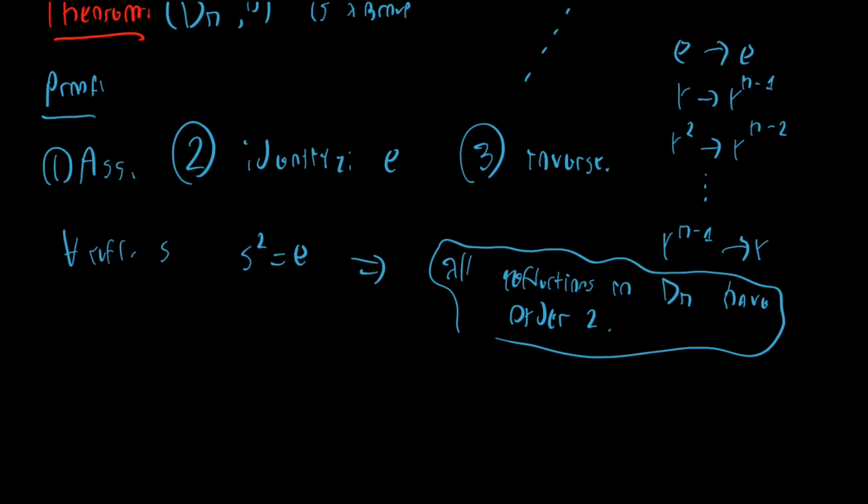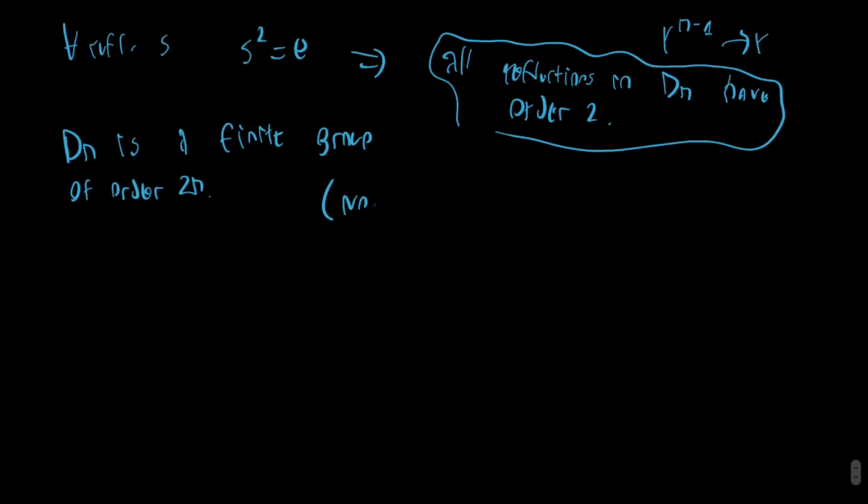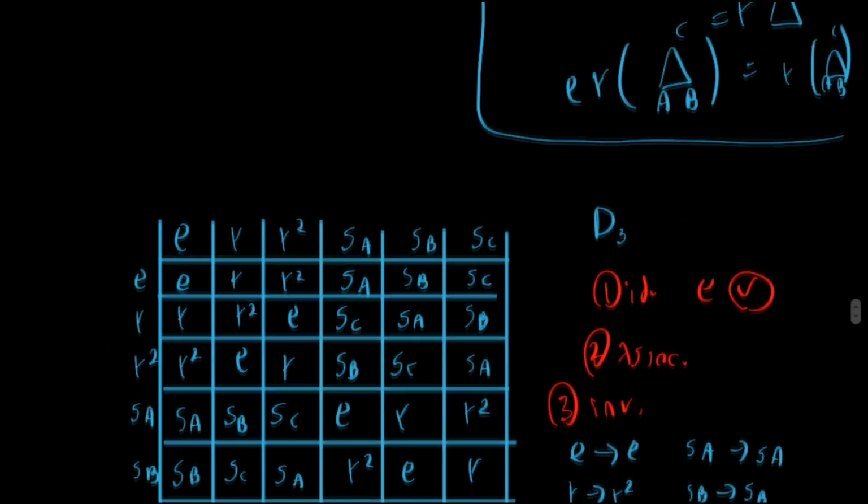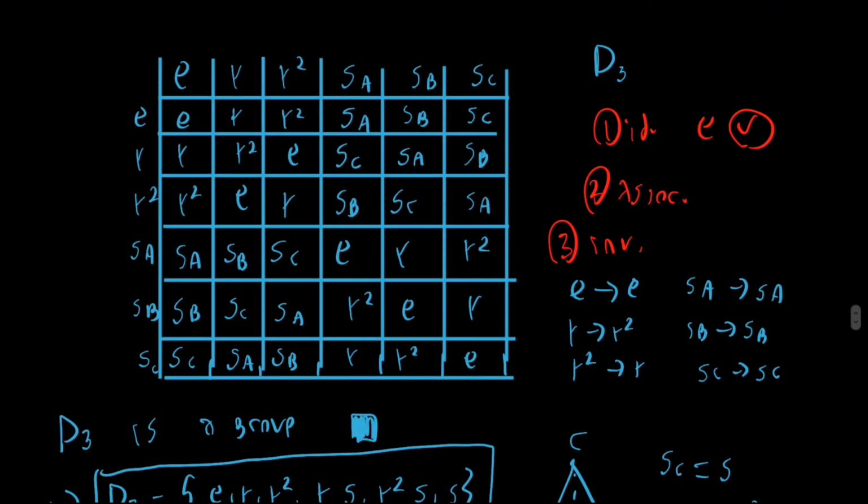So we have that Dn is a finite group of order 2n. However, notice that this group is not commutative. Why? A good argument is to look at the Cayley table for D3, which is of course a particular example of Dn, but it already proves that Dn in general is not commutative.